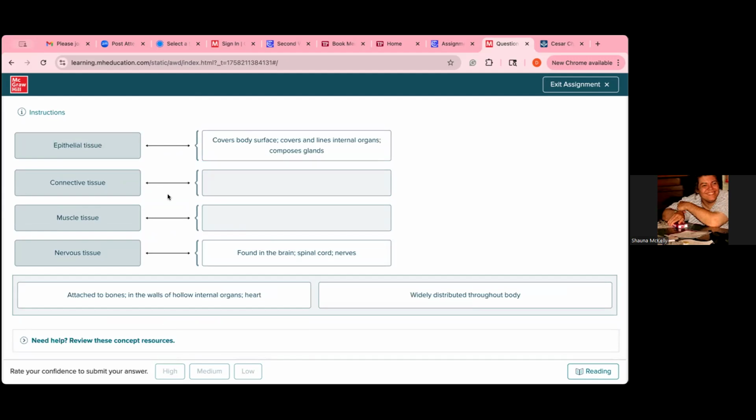Attached to bones would be muscle tissue, in the walls of hollow organs and heart.